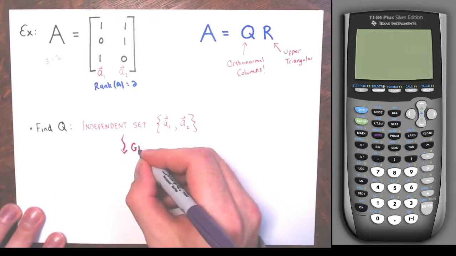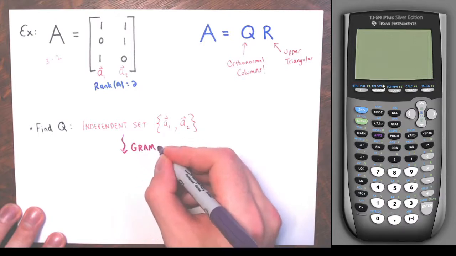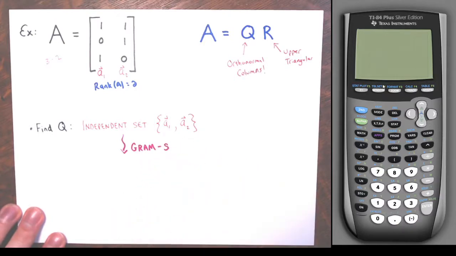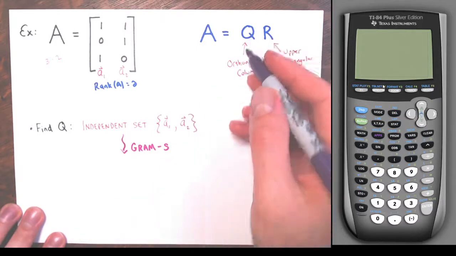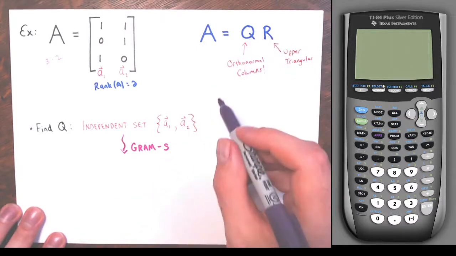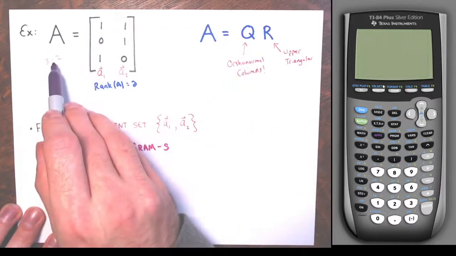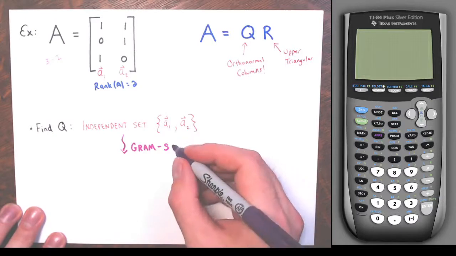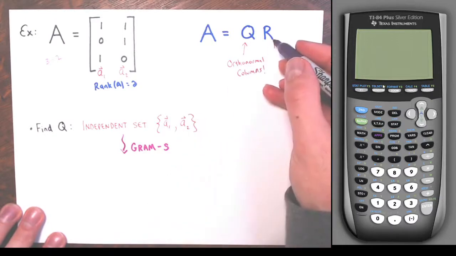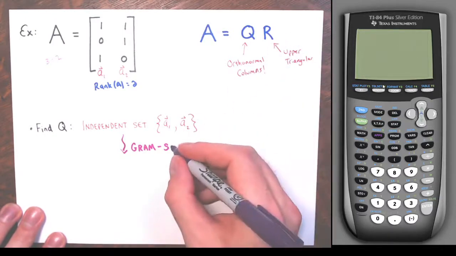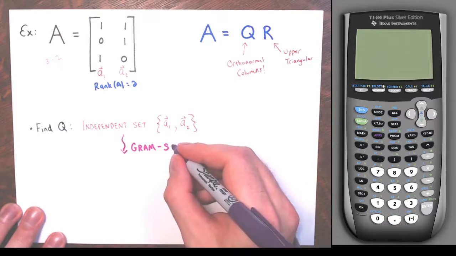So I'm going to apply the Gram-Schmidt procedure to construct an orthogonal set, and then we'll just normalize the vectors, dividing each vector by its length, its norm, to get an orthonormal set, and we'll have our columns of Q. And remember, Q will also be a 3 by 2 matrix, the same size as A. And then R would have to be a 2 by 2, and it's going to be upper triangular, and we'll see all that coming up.